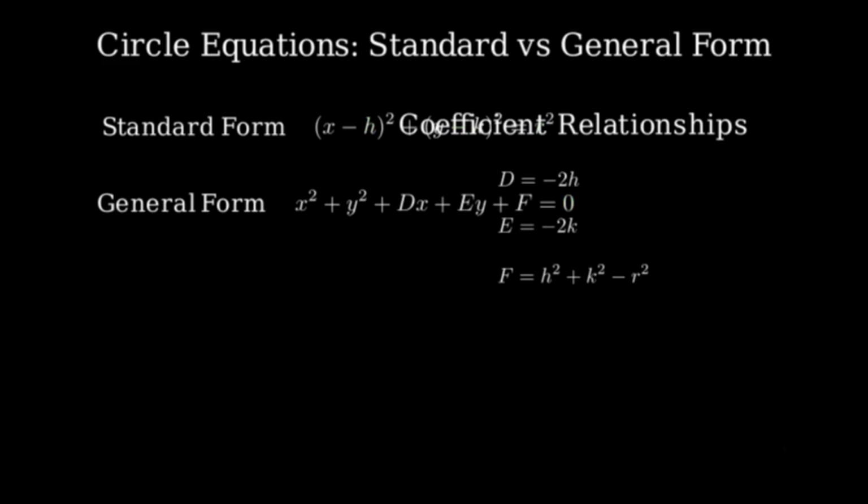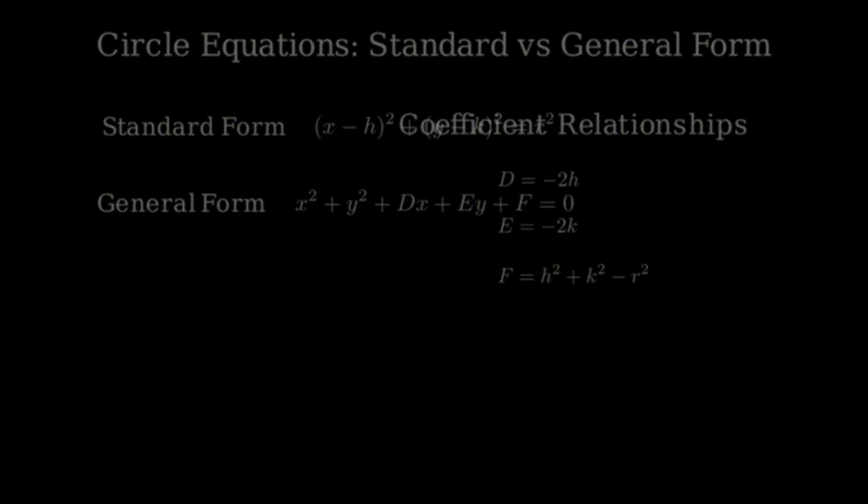The h squared and k squared terms come from expanding the squared binomials, while the r squared term moves to the other side of the equation. These relationships are powerful tools that allow us to extract the center coordinates and radius from a circle equation given in general form. Let's work through an example to see how this works in practice.